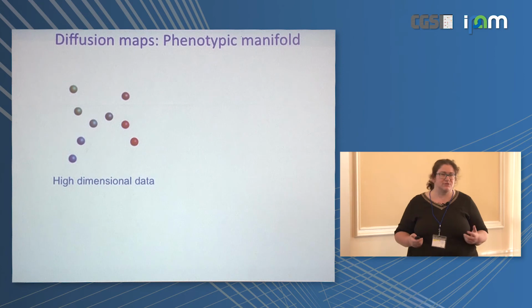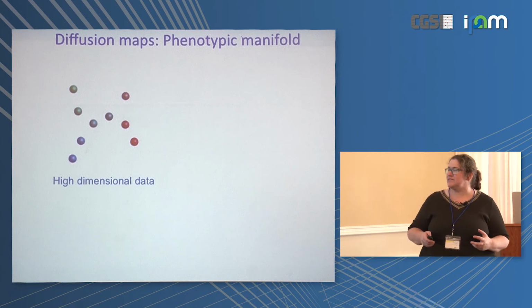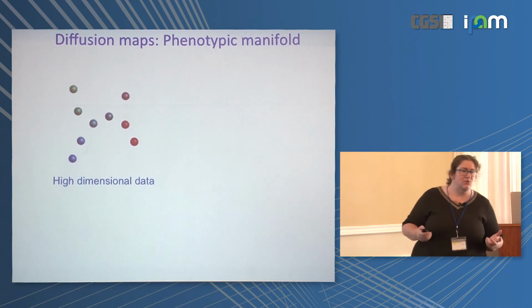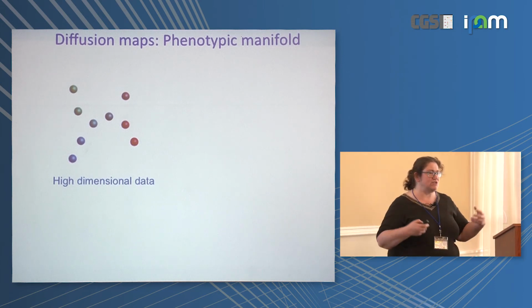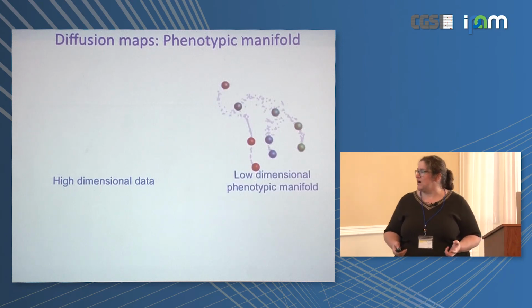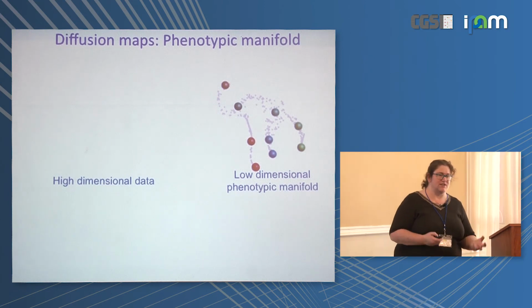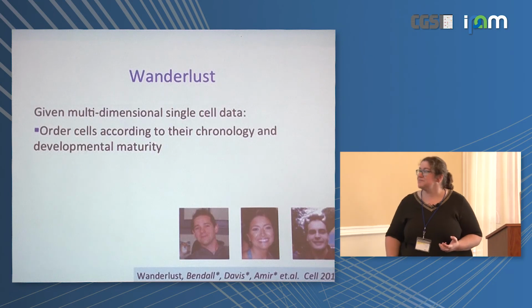So what we want to do is do it the other way around. We want to take the single cell data, and from this high dimensional single cell data where we don't know the branching structure of development and bifurcations, we actually want to learn the structure and place these cells and understand the developmental structure and the relationships between these cells.